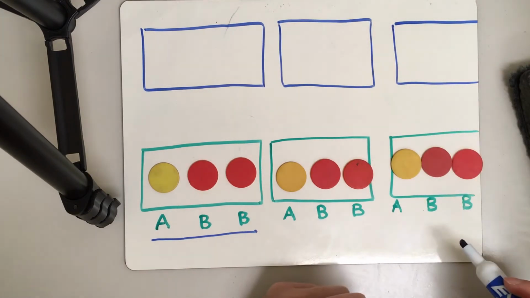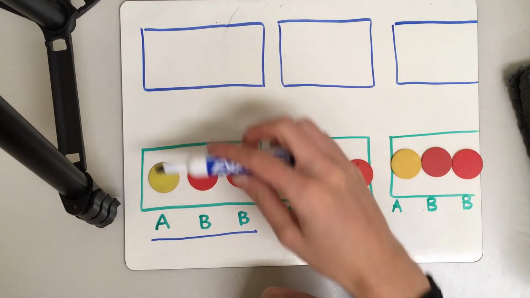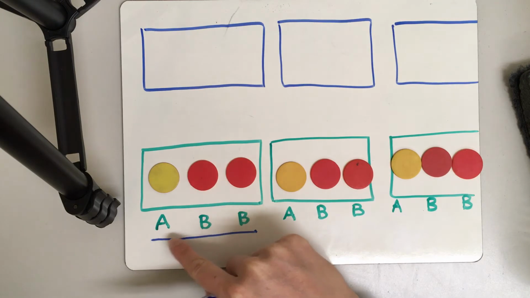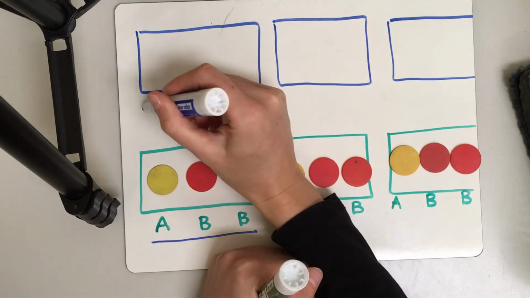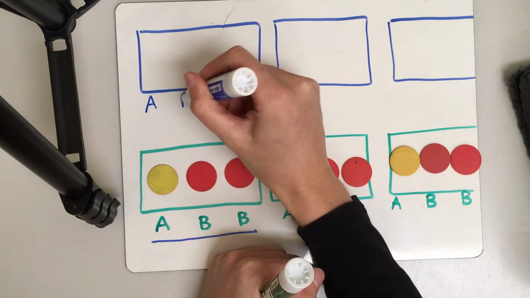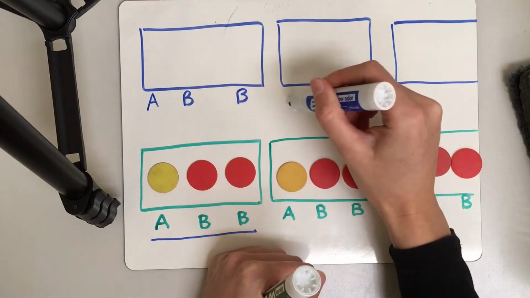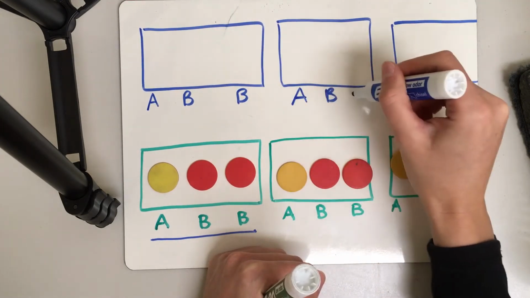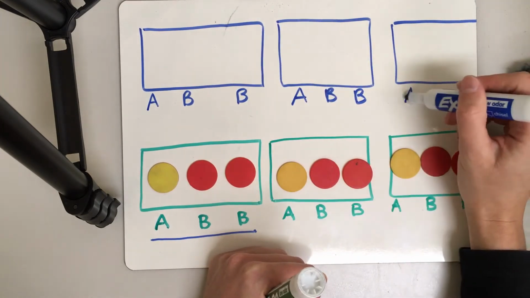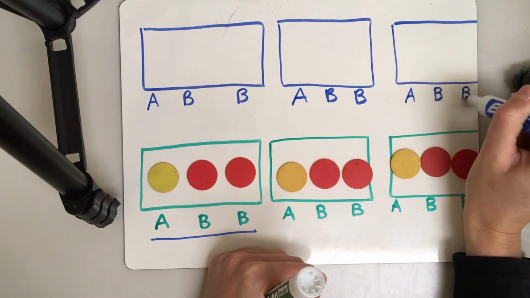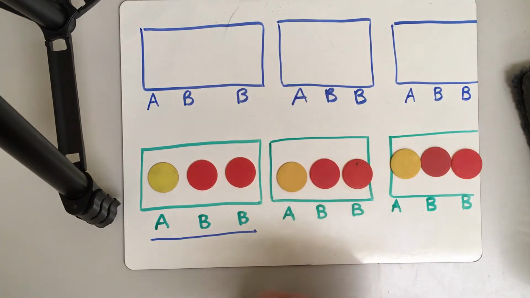My new pattern has to be the same as the old as long as it follows the same pattern rule. A, B, B. A, B, B. A, B, B. Now it's time to fill it in with elements.